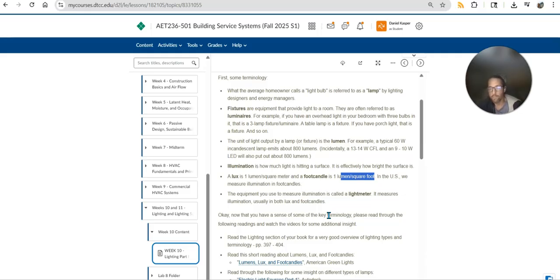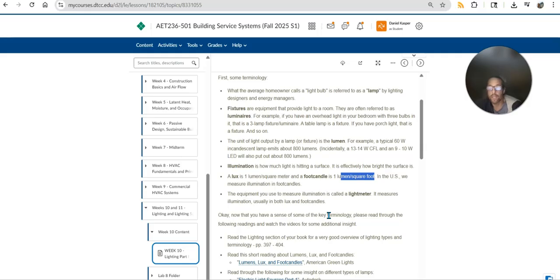A hospital operating room, or a facility where you're working on really tiny mechanical parts, those are applications where you need a whole lot of illumination. So many foot candles. You're probably looking at like 200 to 250, up to even 1,000 foot candles.